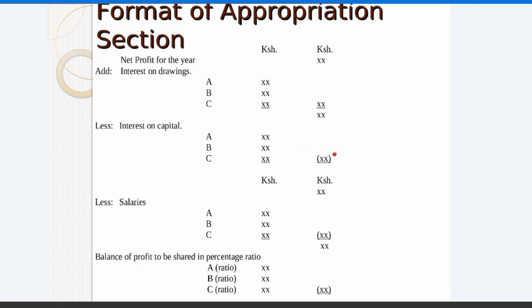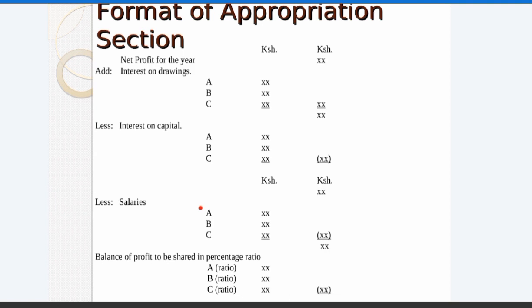You can see the total interest on capital for A, B, and C. You will deduct it from the total profits. So the total profit plus the interest on drawings, then you less the interest on capital. And you then will less any salaries paid.